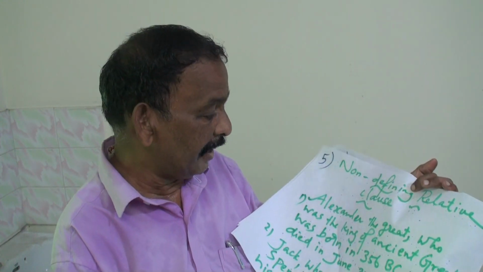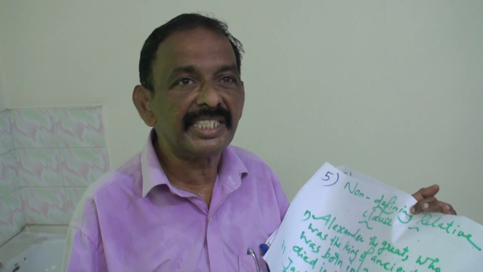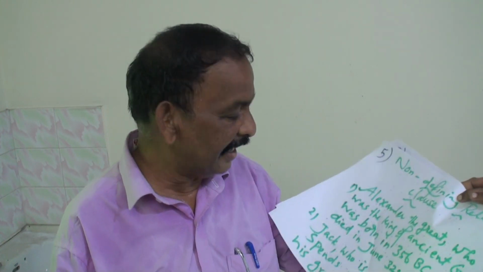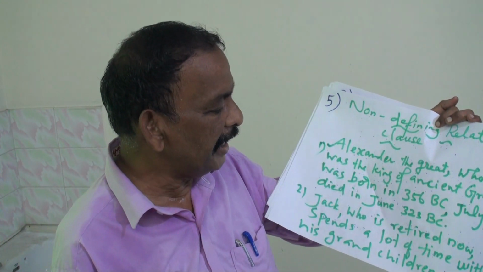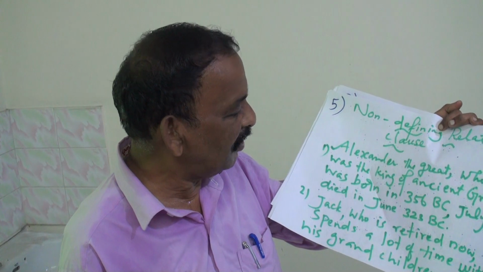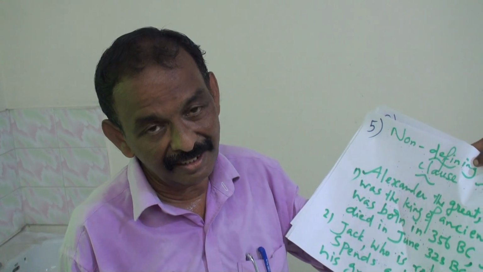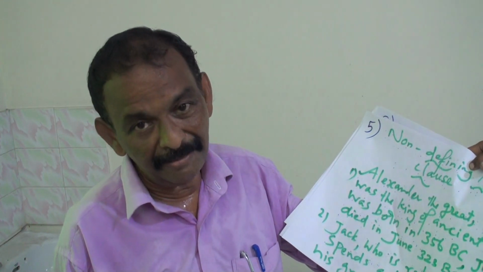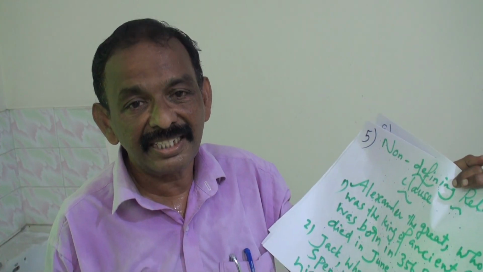Now, the non-defining relative clause. That means the topic is already defined. Whom we are talking about is already defined, so it is called a non-defining or non-restrictive clause. Alexander the Great, who was the king of ancient Greece, died in June 323 BC and was born in 356 BC. You should give a comma in these cases.